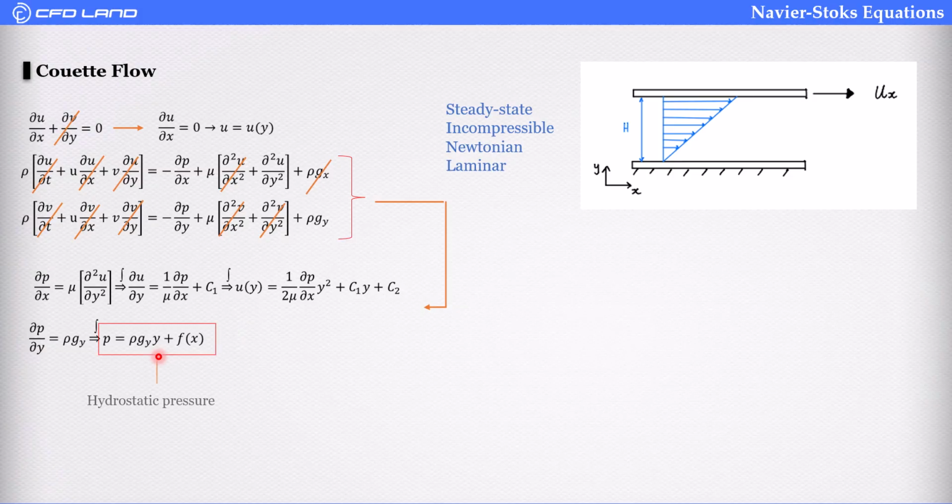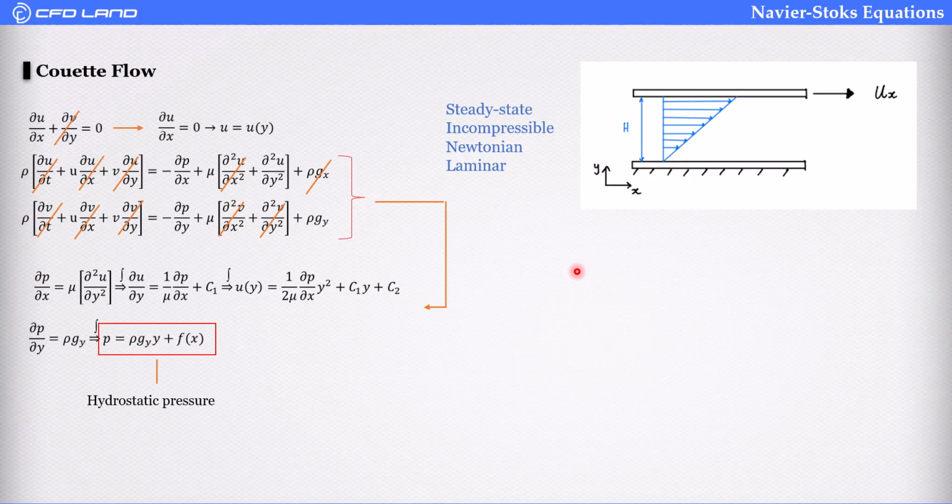That is hydrostatic pressure, and it doesn't affect our problem, so we can put it aside. And from x momentum, we can reach u equals 1 by 2 mu times partial p partial x times y squared plus c1 y plus c2.